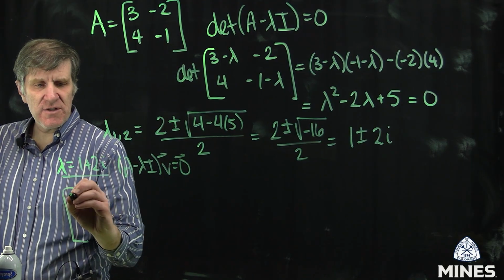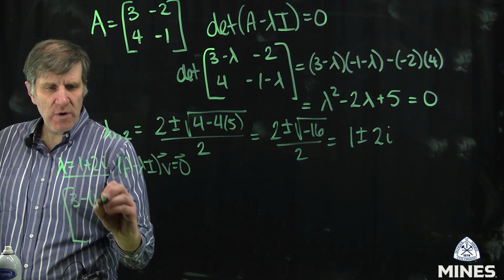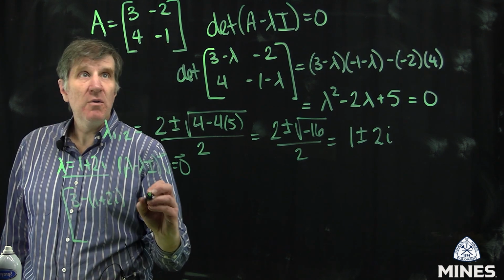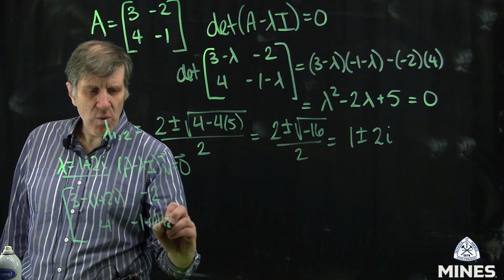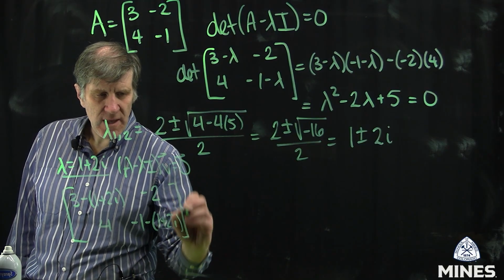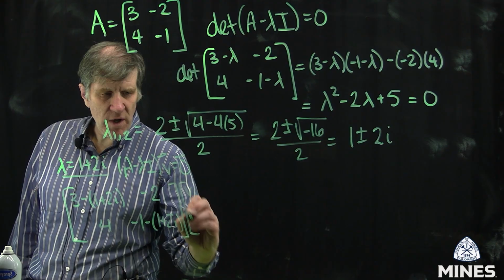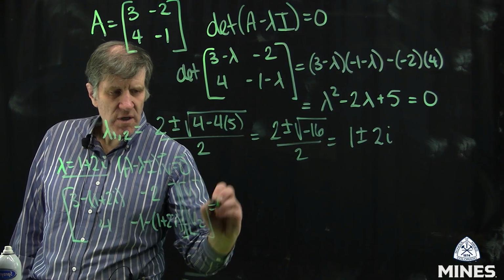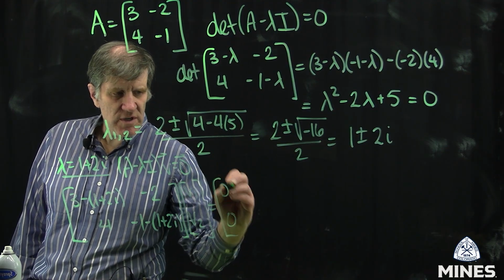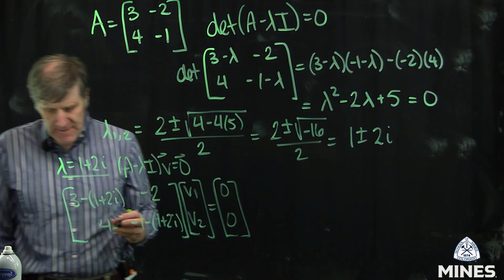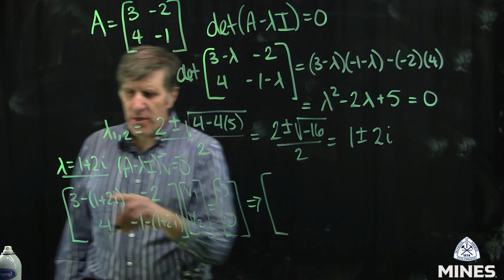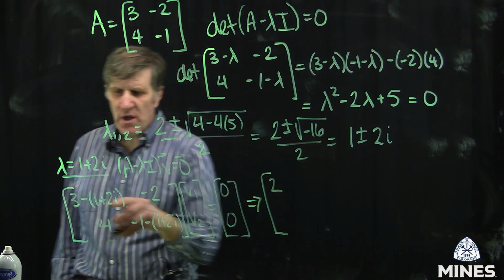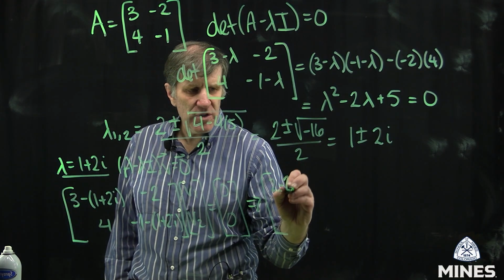So for us here, that is 3 minus (1 plus 2i), we have a negative 2, a 4, and a negative 1 minus (1 plus 2i), times v1, v2 equals 0, 0. That is 3 minus 1 is 2, minus 2i, right?